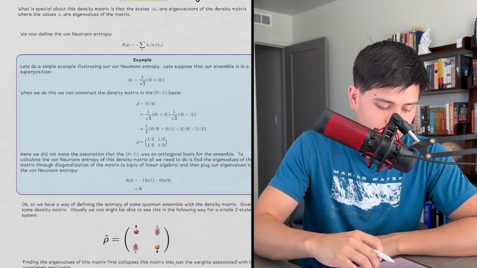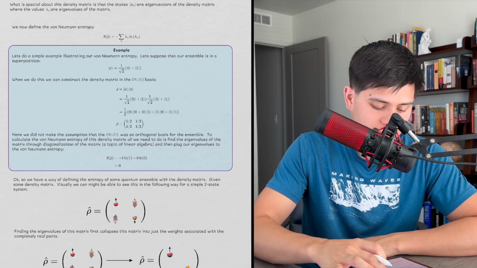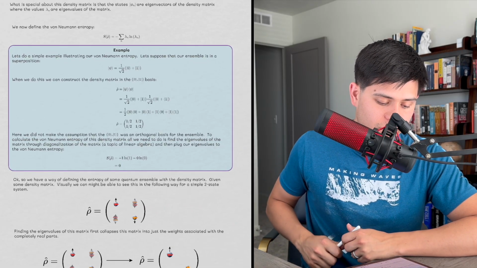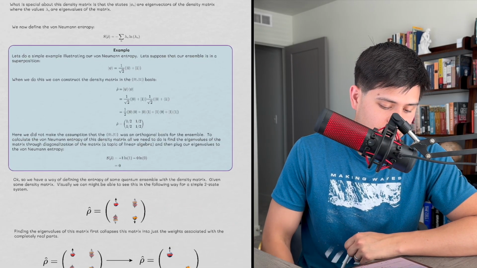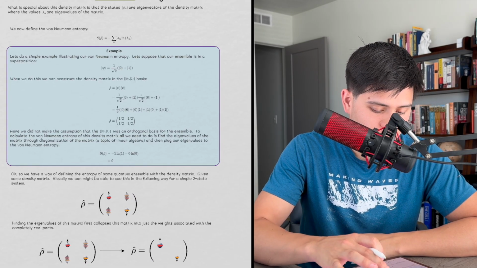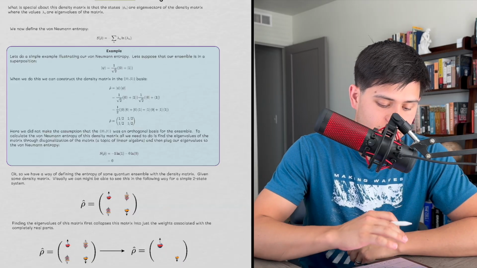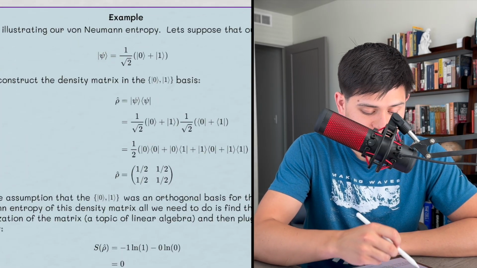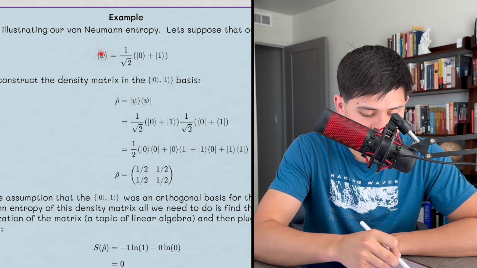So let's do a simple example to illustrate how this is going to work, for our von Neumann entropy. Let's suppose that our ensemble is in a superposition of states. So this is a vector, and we're going to say that this is an eigenvector of rho.